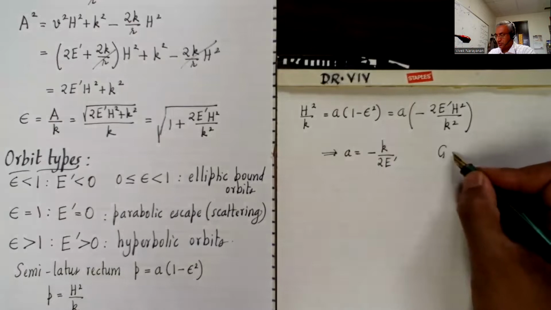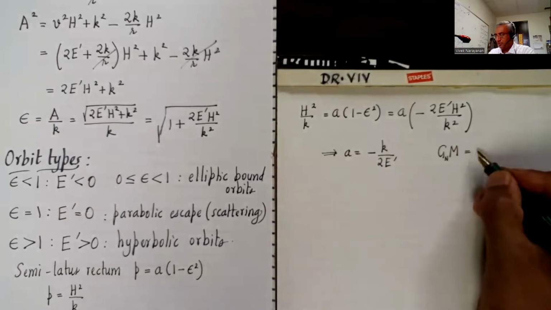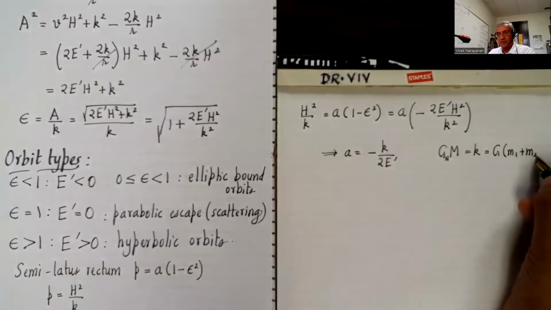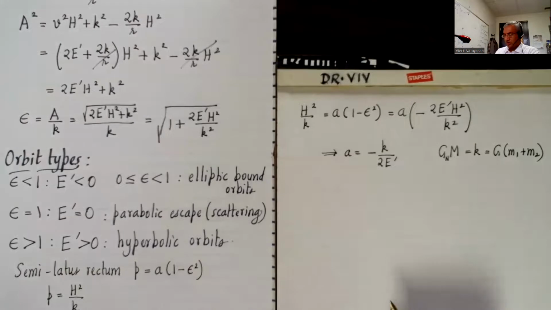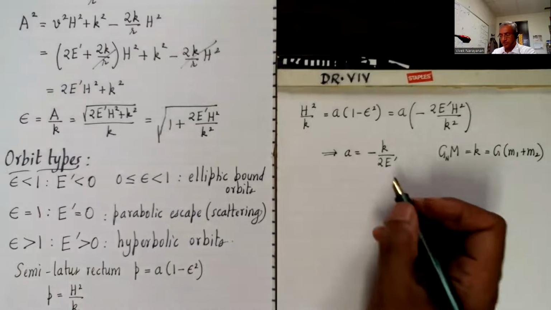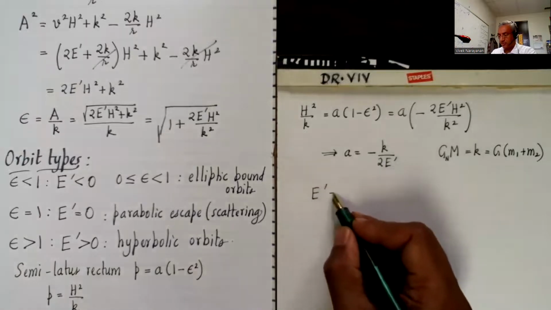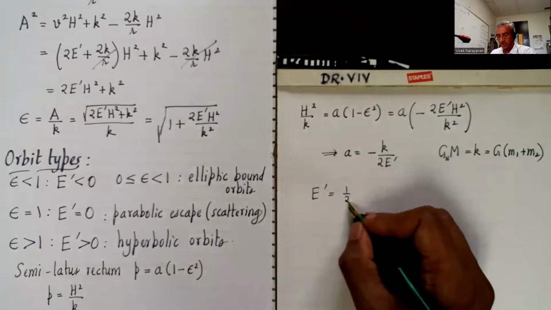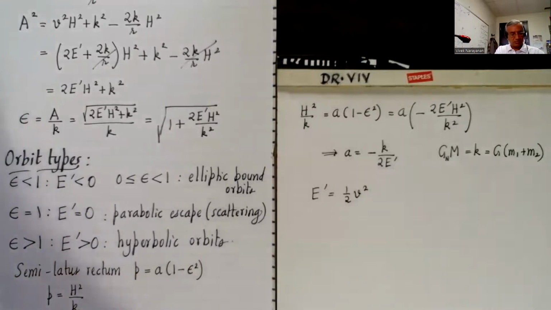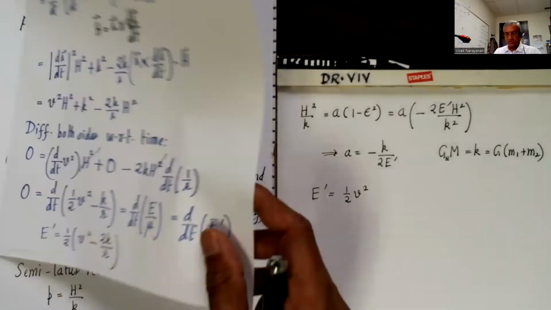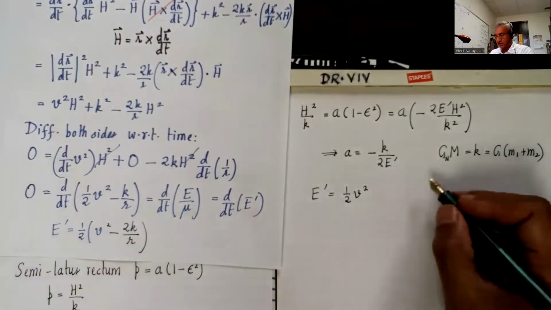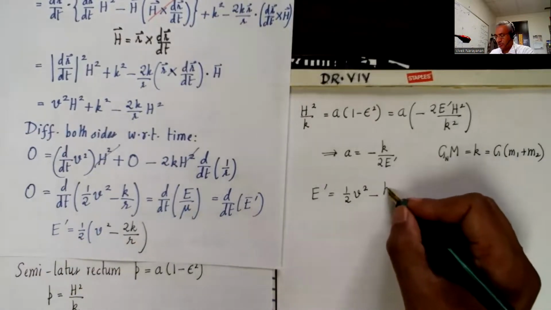Let's recall what k is. k is G Newton m, and that is G times m1 plus m2. Let's also write down what the total energy is. E prime, the specific energy, is 1/2 v squared, and I'll take this 1/2 back inside: 1/2 v squared minus k over r.